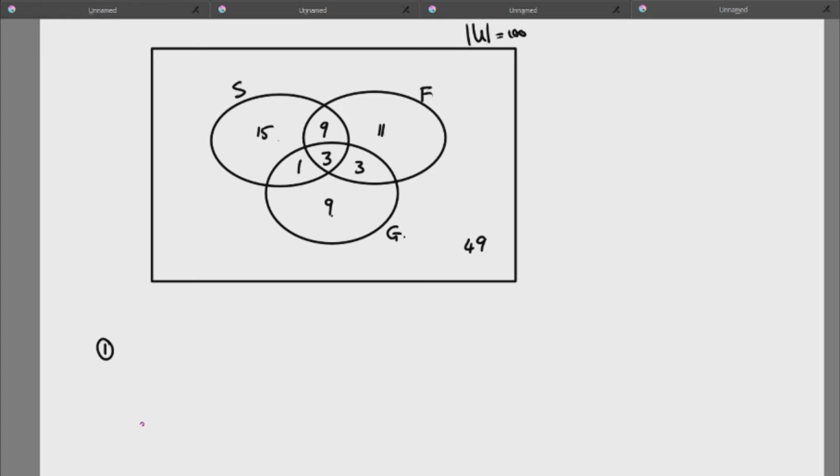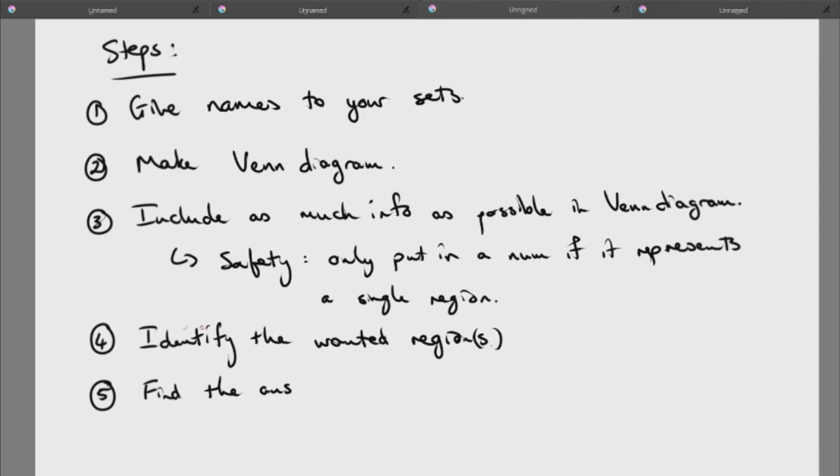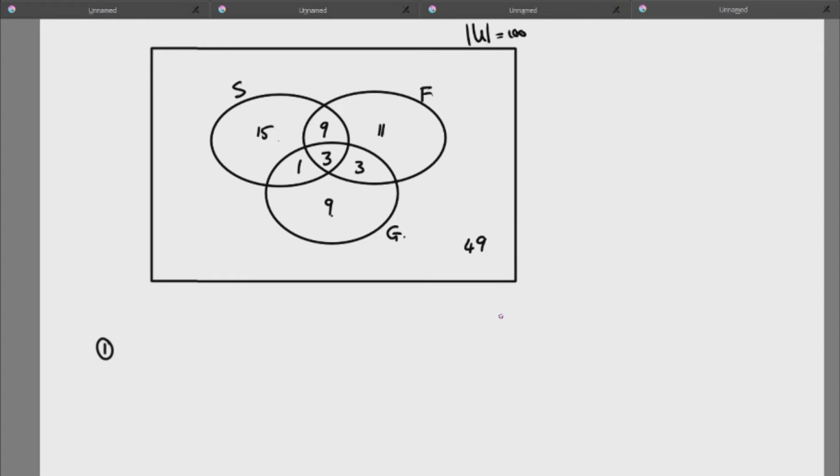Now I can answer their questions. How many students are taking one or more language classes? Let me color that. So, remember the step was identify the regions that the question now wants. So I'm looking for one or more language classes. And I claim it is this area over here.